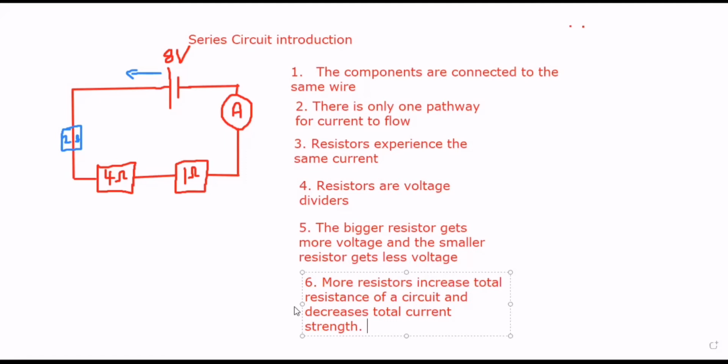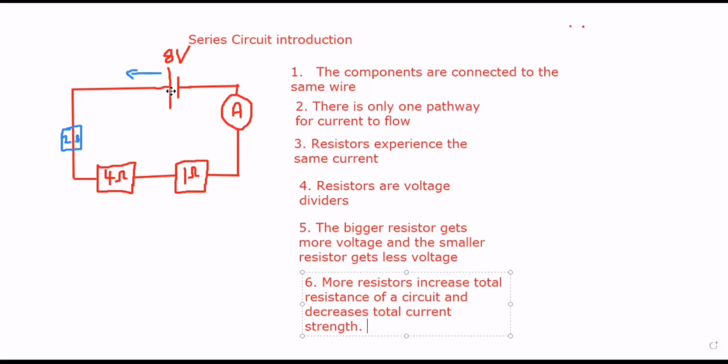So the last characteristic, we talk about the cell. When you add more cells, you're actually increasing the current strength. Why? Because the energy from the cell is what is used to make the electrons flow, and the flow of electrons generates current. So let's say, for example, this one 8-volt cell generated 0.5 ampere of current, total current. If we add another 8-volt cell, then we are now increasing the current. So there's a chance that you might now produce another 0.5.